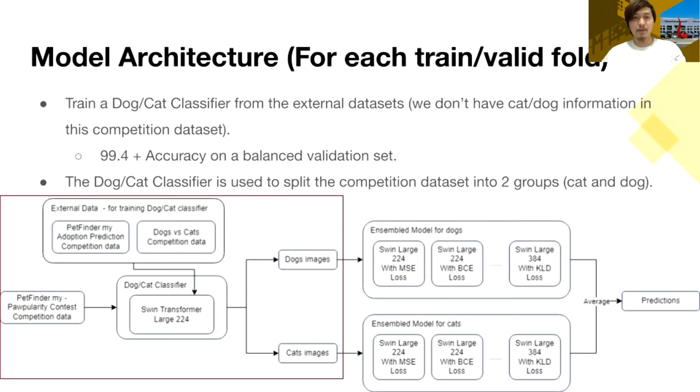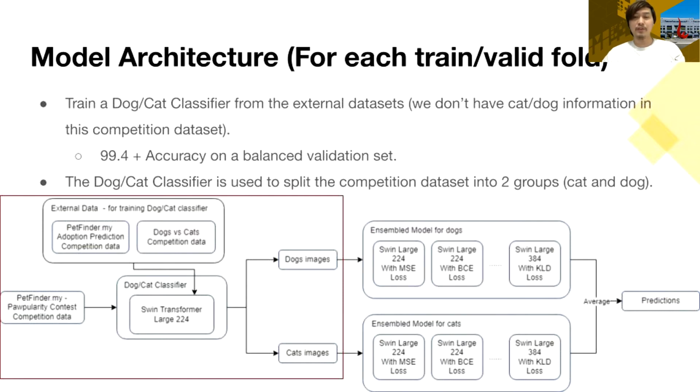Let's talk about model architecture. Our training pipeline can be roughly divided into two stages. Within each cross validation fold, the competition data will be classified into dog or cat images. This is done by a dog or cat classifier. The classifier was trained on two external datasets. The reason is that we don't have dog or cat information in the current competition dataset.